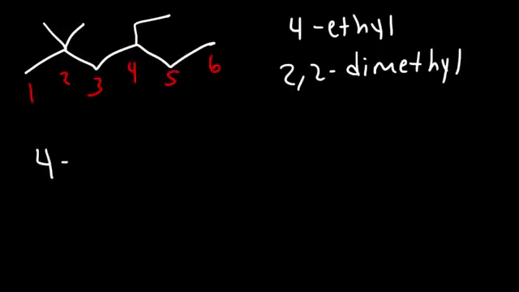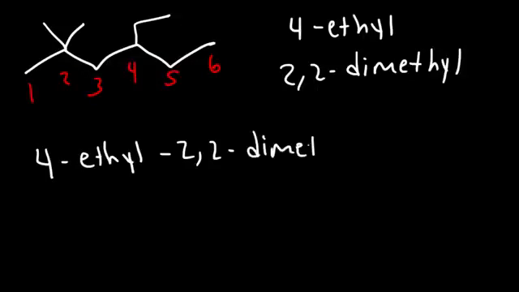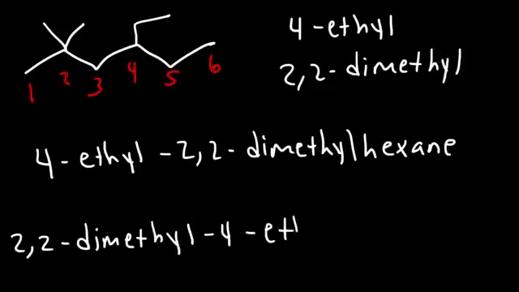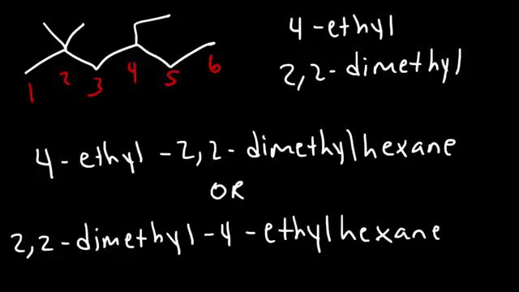Should we say it's 4-ethyl dash 2,2 dimethyl hexane, or should we say it's 2,2 dimethyl dash 4-ethyl hexane? Which is the right way to name it?